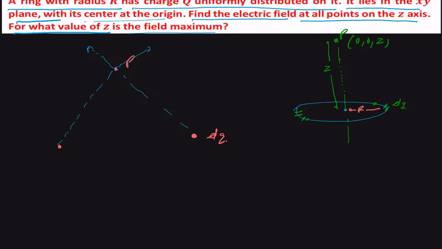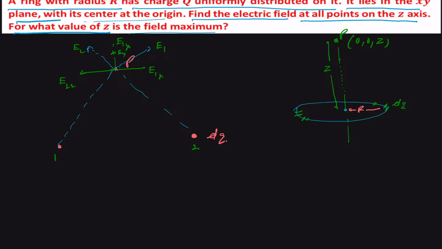If we divide these two into components, suppose this is the first, E1, so this will be E1x and this will be E1y. Similarly, let us put this as E2, so we get E2x as well as E2y.